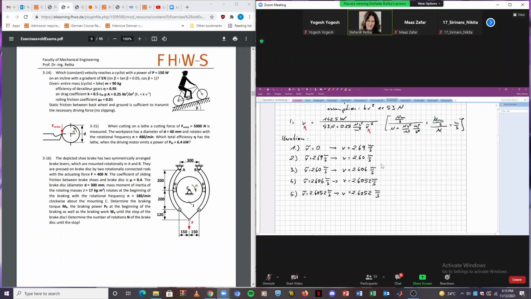Then the velocity of the bike is 2.605 meter per second, which is equal to 9.4 kilometers per hour.